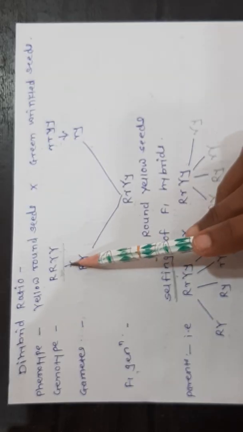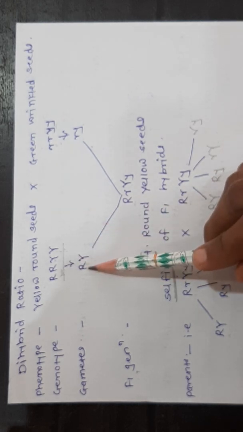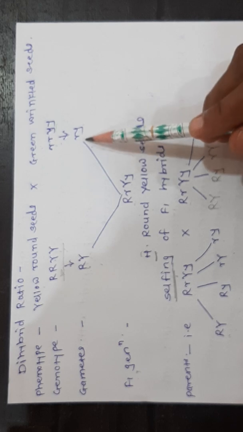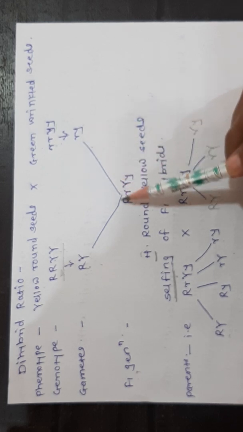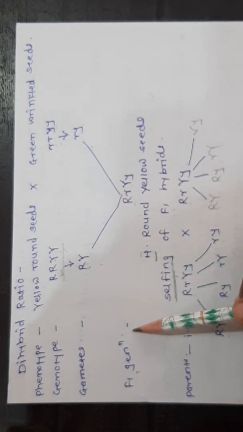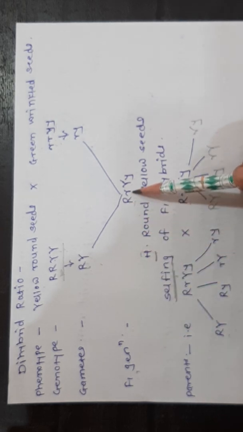Both the genotypes are in homozygous condition, means we obtain only a single gamete, capital R, capital Y, small r, small y. After crossing these two, we obtain the first generation or F1 progeny with a genotype capital R, capital Y, small y.